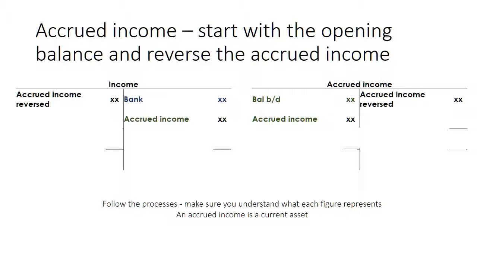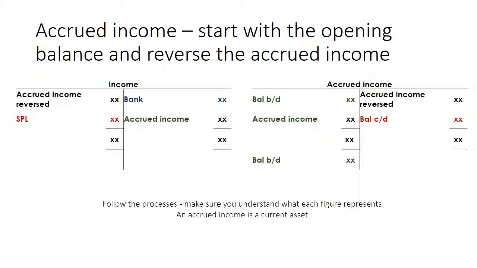We'll balance off our income account, with the balancing figure going to the statement of profit or loss. Next, we can balance off our accrued income account, and the balancing figure is carried down to the debit side in the new year.